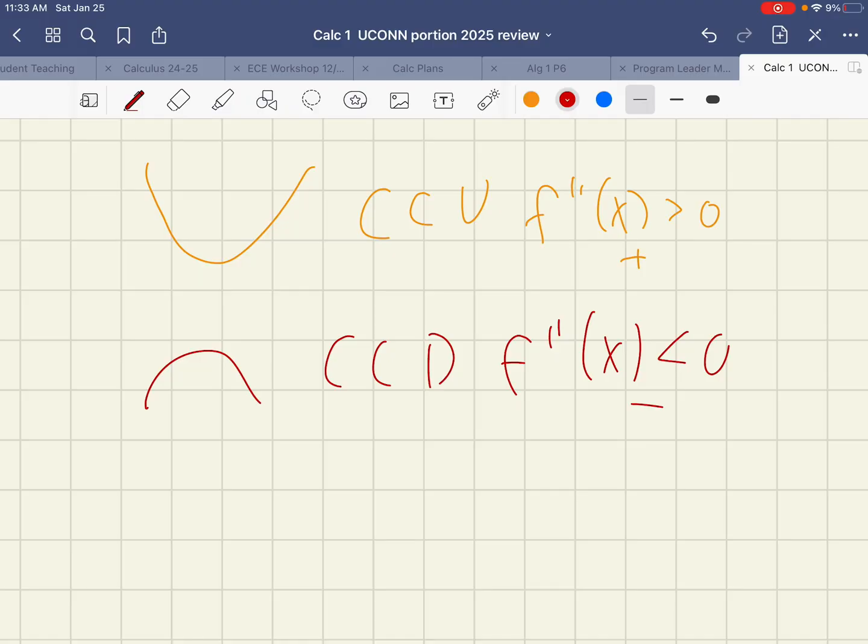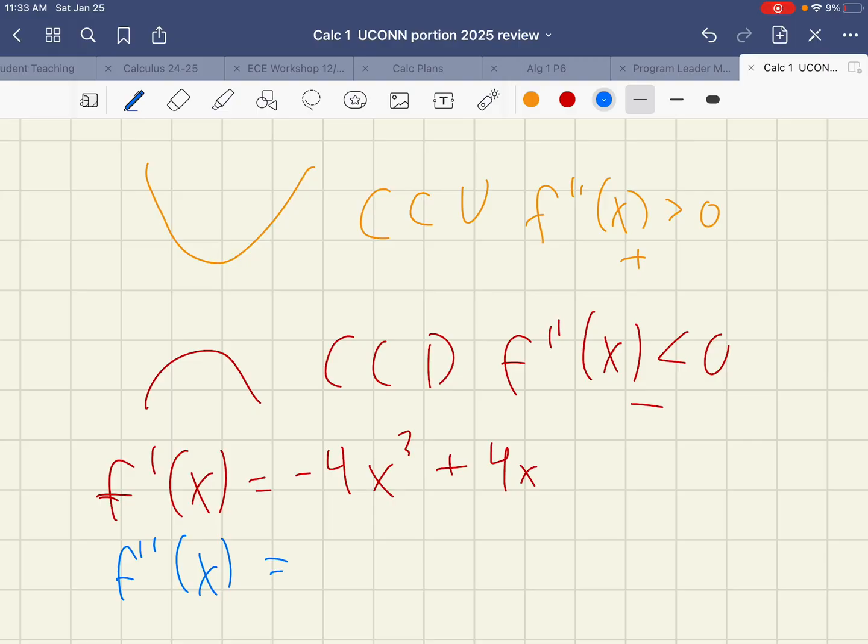So my first derivative, f prime of x, was -4x cubed plus 4x. If I take the derivative again for the second derivative, I get -12x squared plus 4.